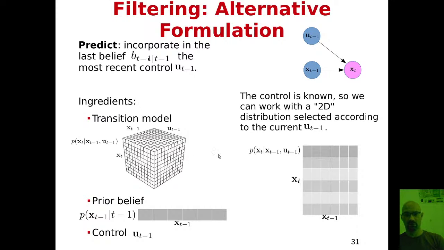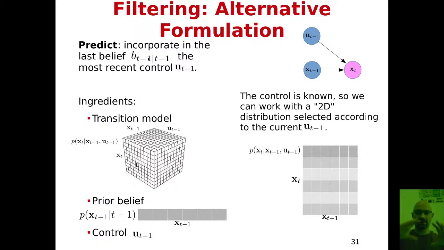Now, assuming that the control is a perfect variable, we could conduct this operation of determining the next state, x of t, from the previous state and the previous control, just by going into this table and selecting the slice that corresponds to the known control.